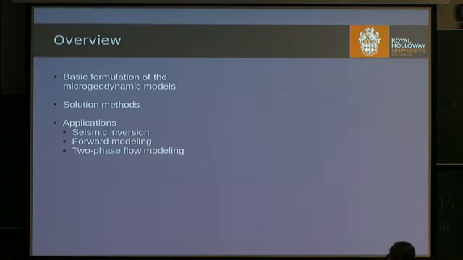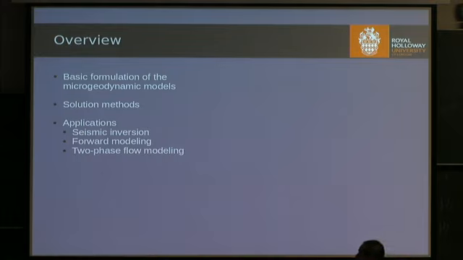I'm going to talk about roughly 3 sections. First, I'll talk about the basic formulation of microgeodynamic models. These are the models that I use to quantify microstructure, and especially Yasuko has set up the background for my talk quite nicely, actually.